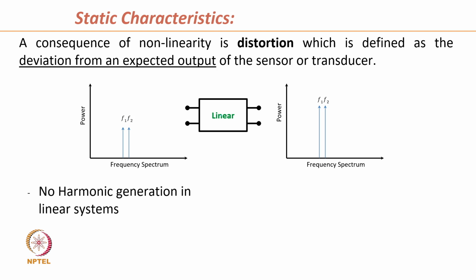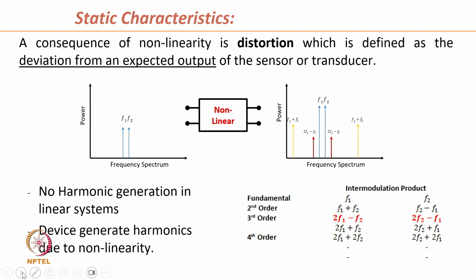This linear system will only produce output at these two frequencies. It means the output will be amplified, the level here will be different. Let us say at input it is A and at the output it will be A1, but the frequencies will be the same, f1 and f2 only. So, no harmonic generation in a linear system.